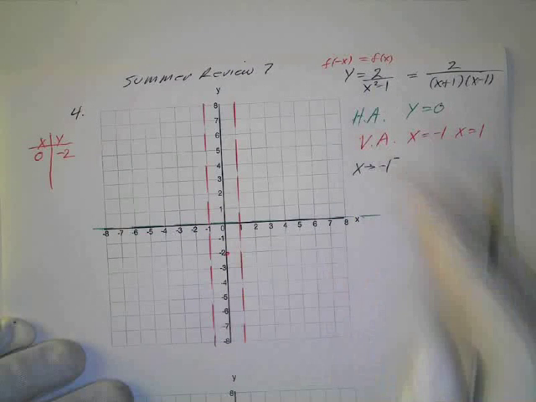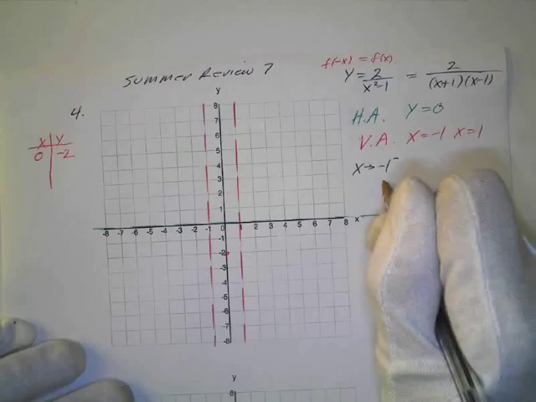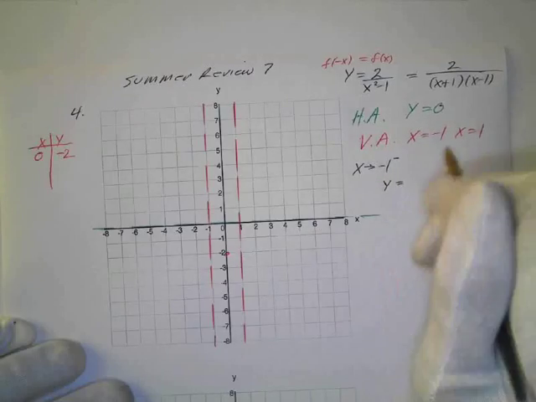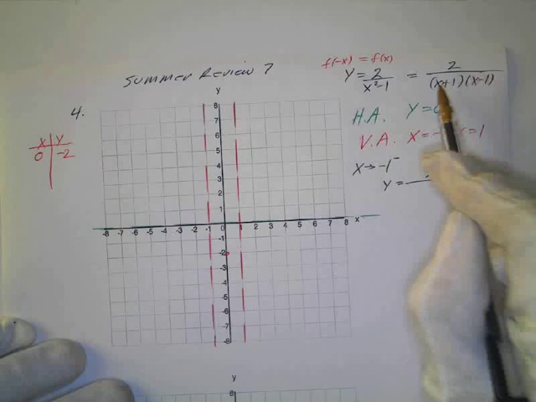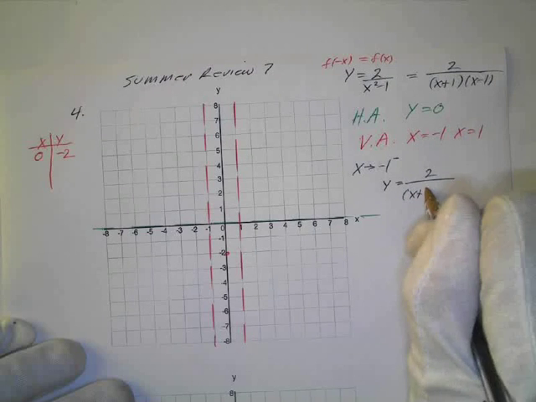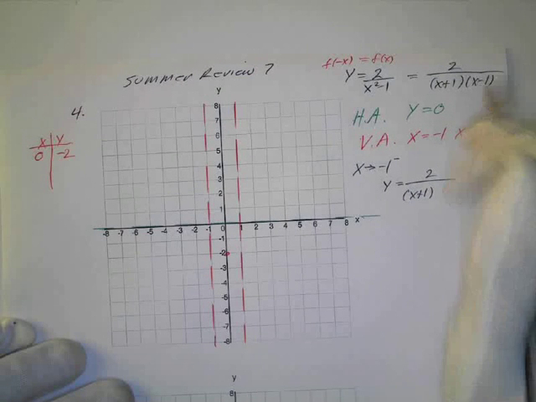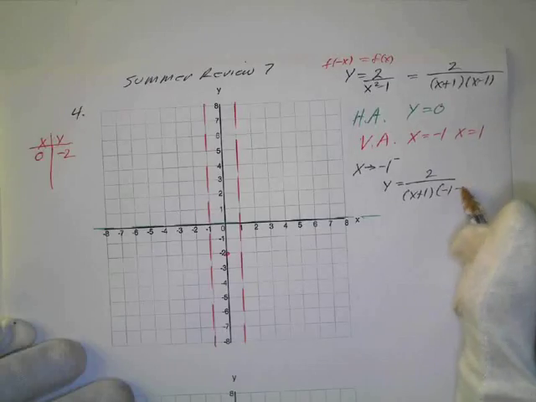Okay, so if I look at this, now this is going to be a problem. I can't put a negative 1 in here, so I'll have to write x plus 1, because if I put a negative 1, I get a 0. But this is okay here. I could put a negative 1 in here, and I have negative 1 minus 1 is negative 2.